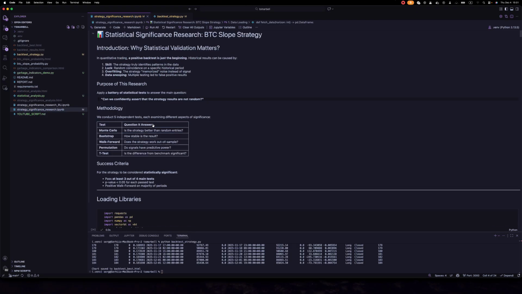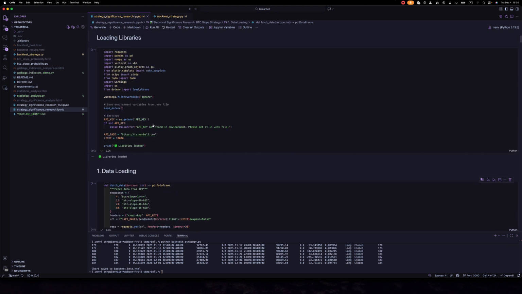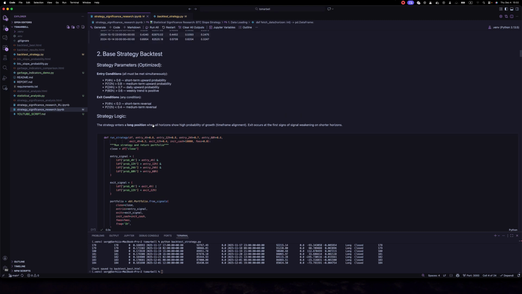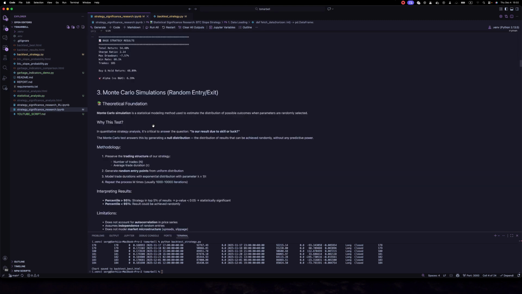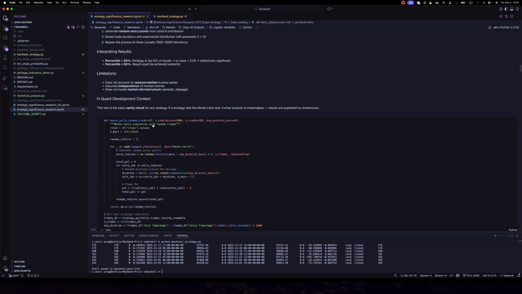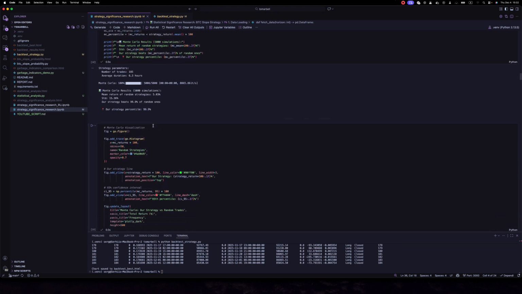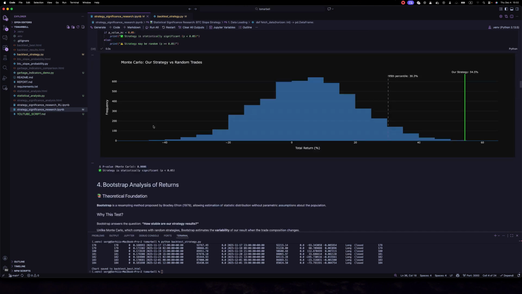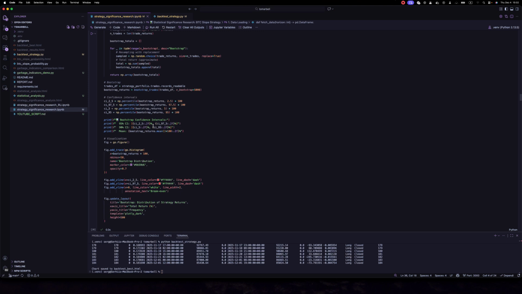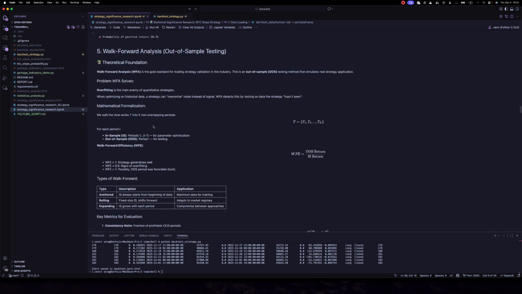Also, I created this Jupyter notebook for you, where you can look at more detail. For example, here you can download the data. After that, you can run some backtests. Also, there is some explanation of the Monte Carlo test. You can run it and play with it. It is a histogram from Monte Carlo. Then the Bootstrap test with description and codebase, so we can look at the histogram.